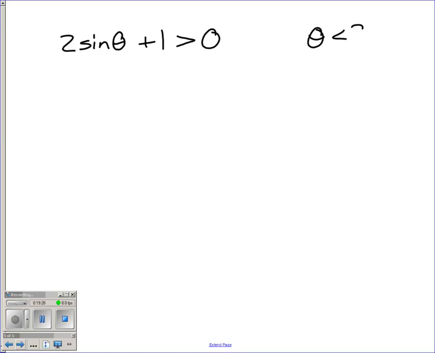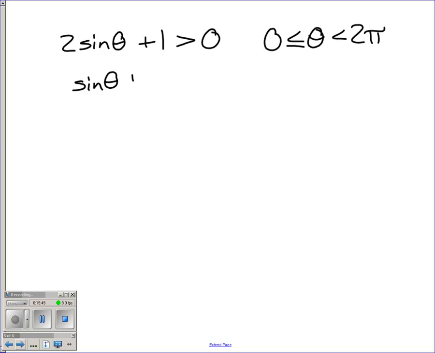So here's our theta. And again, it's the first time around the circle, but we're not going all the way to where we start repeating again. Well, this is no longer an equation, it's now an inequality. Well, we still have to treat it the same.